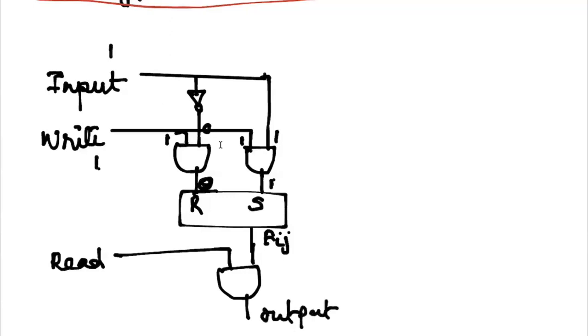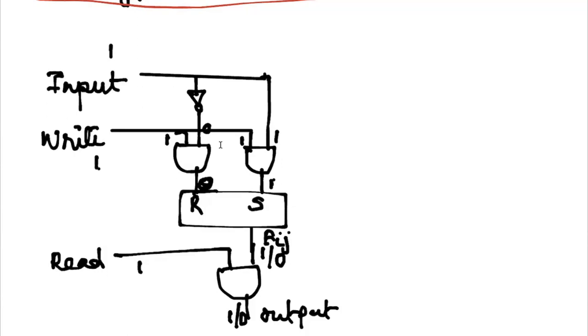Suppose I have a 1 here, that is the read is 1, and the bit in this flip-flop is 1. Then 1 and 1, I get 1. And if the read signal is 1 and the flip-flop contains 0, then 1 and 0 will give me 0. So whatever is there in the flip-flop, that is what I'm going to get as the output. So this is for the read and the write.